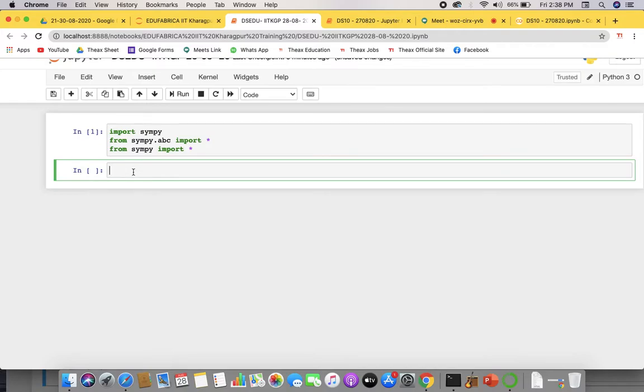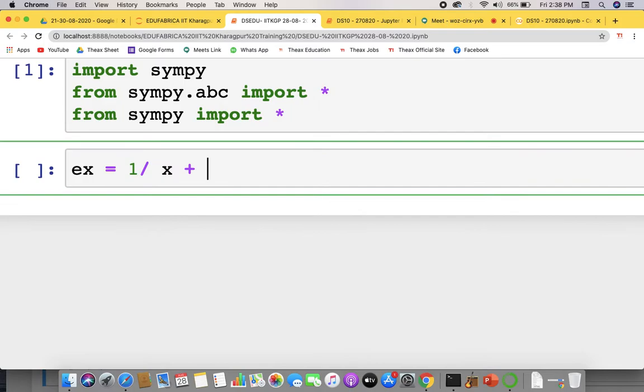I'm writing up an equation and giving you a sample question. Let's say this is my equation: 1 upon x plus 3 multiplied by x divided by 2 minus 2, and this whole is divided by x minus 4.